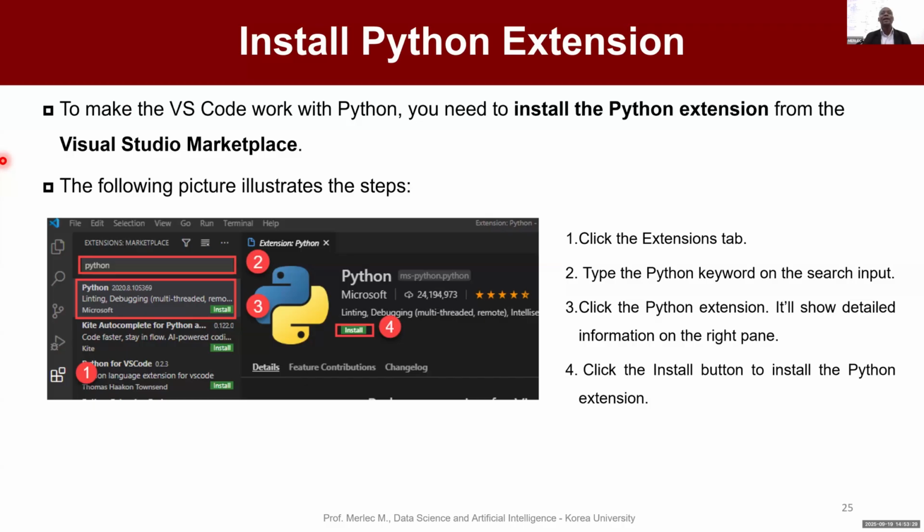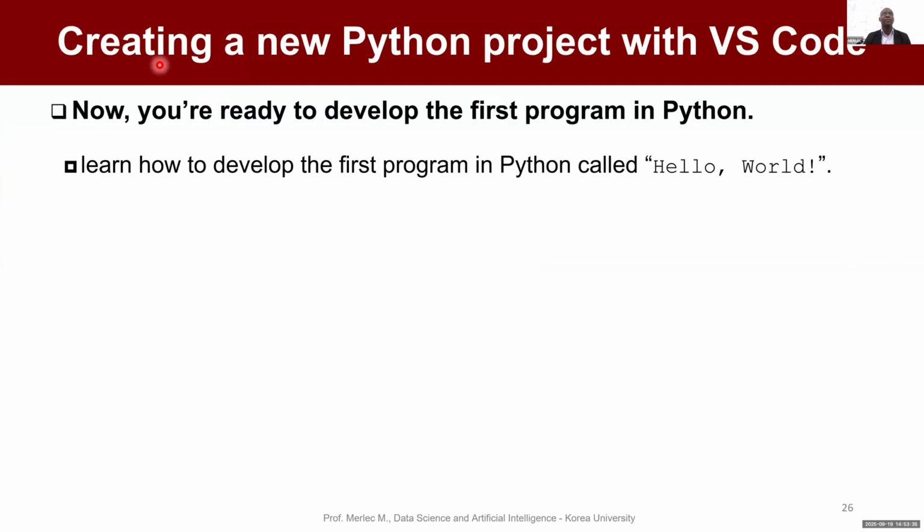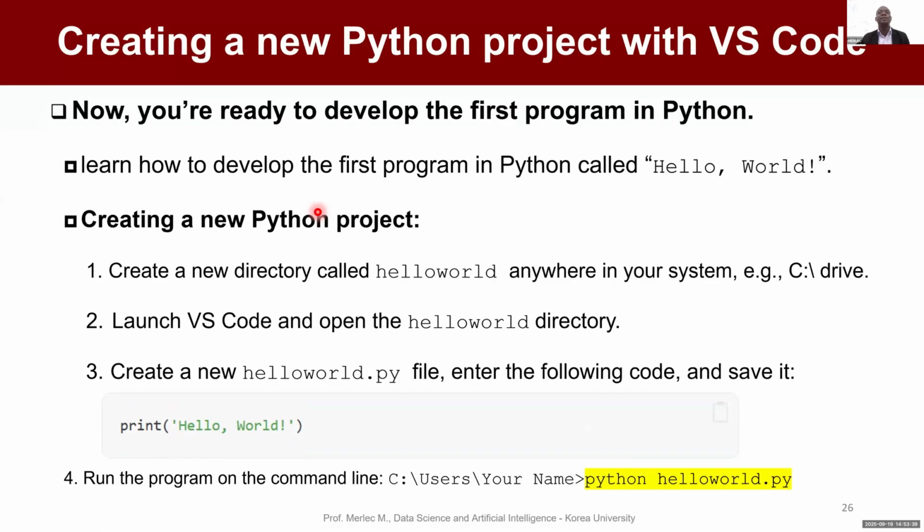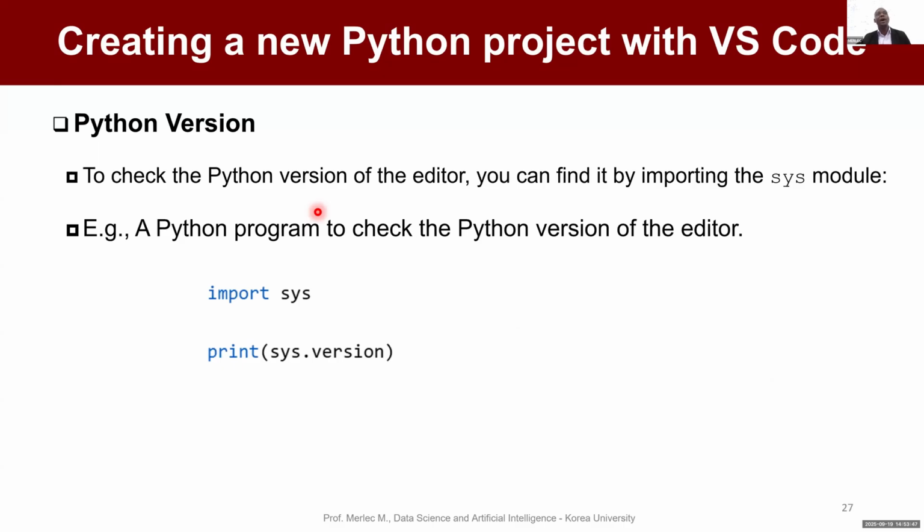So I covered this. From this, I've shown how you can make a file and test it. That's already covered. So now, how can you check your Python version?